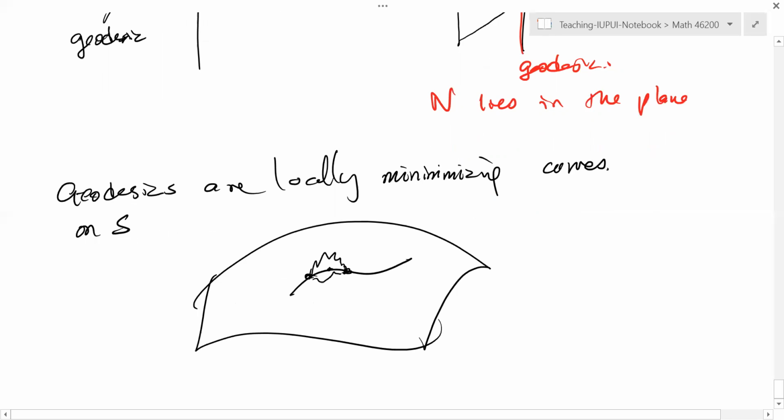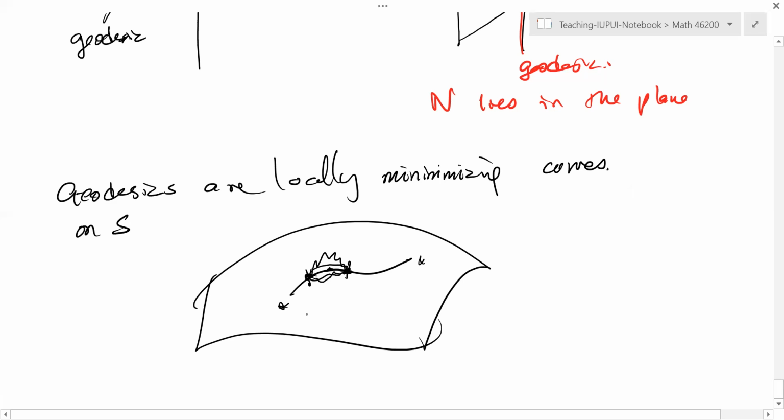Okay. Locally minimizing means for a sufficiently short piece of curve, all the other curves joining these two points are longer than that curve. So that's why it has a minimum length. If you want to go from one point to another point, the shortest path will be the geodesic.